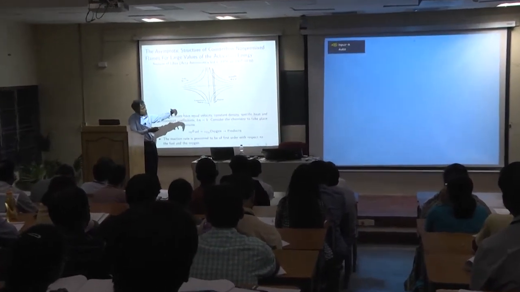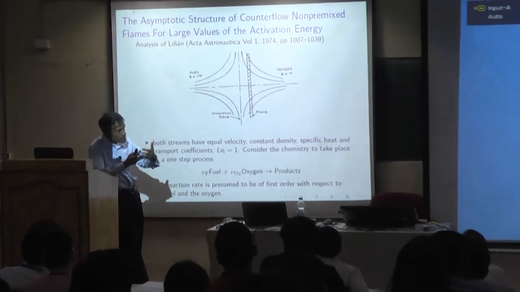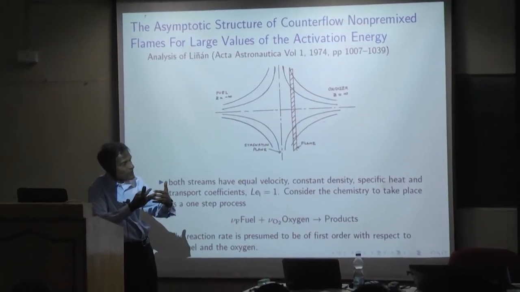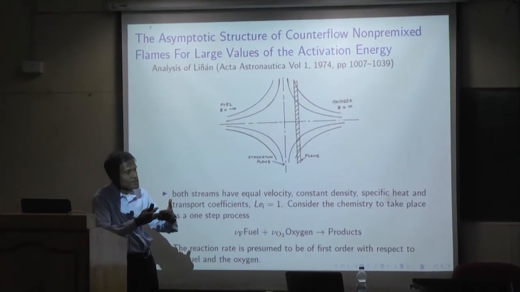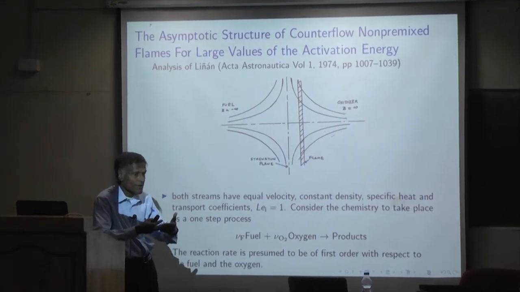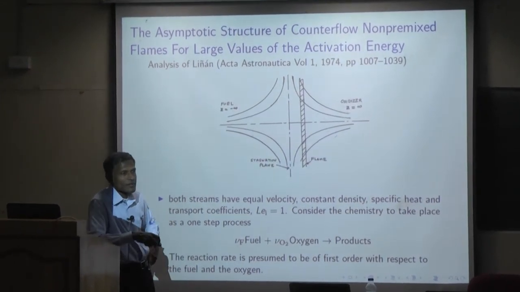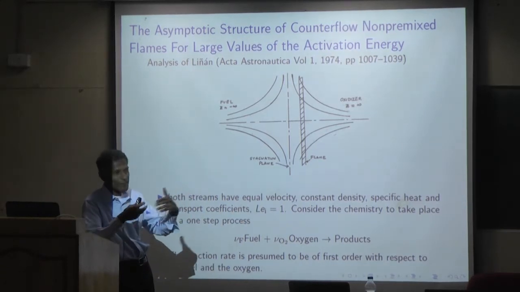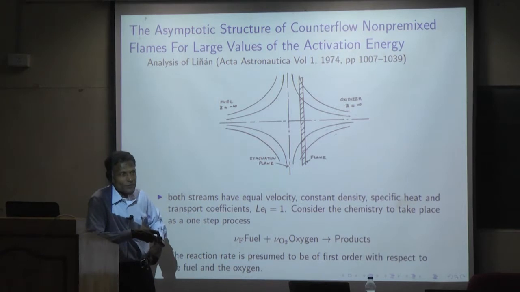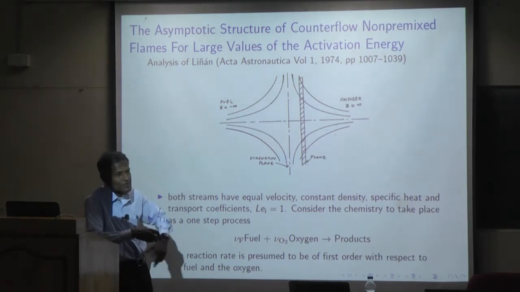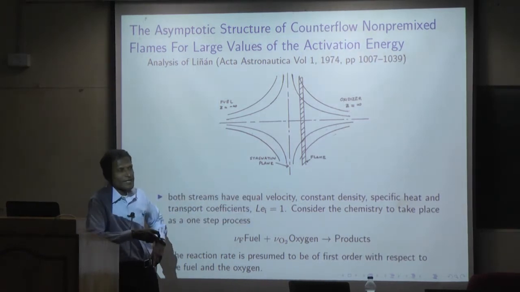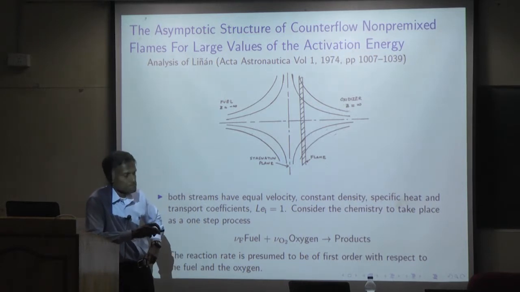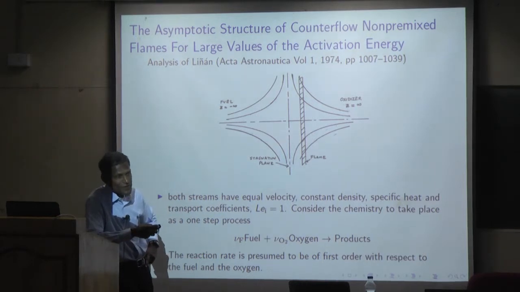Yes, we have said that the velocities are the same and the densities are the same, but that's only for convenience. That can easily be relaxed. It turns out that if you make suitable transformations, you can make it look equal. So that's not a real restriction. The point is just to make the analysis simple, but we will apply this to situations where the densities are different.